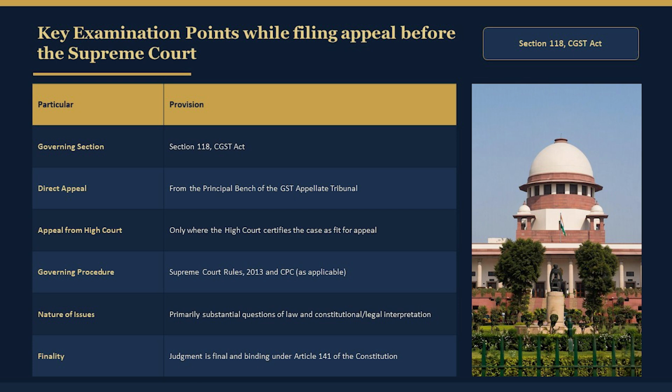The procedure which governs all these appeals is the Supreme Court Rules 2013 and the CPC. The issues which can be appealed should involve substantial questions of law, or constitutional or legal interpretation should be debated. And finally, the judgment pronounced by the Supreme Court is final and binding under Article 141 of the Constitution of India.